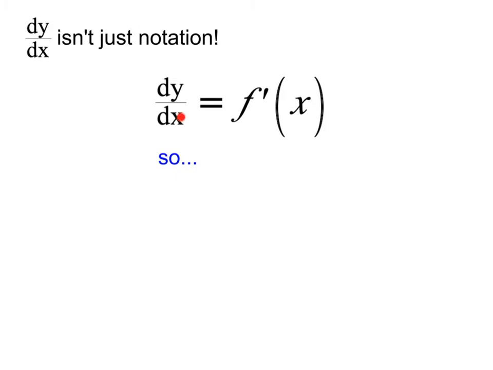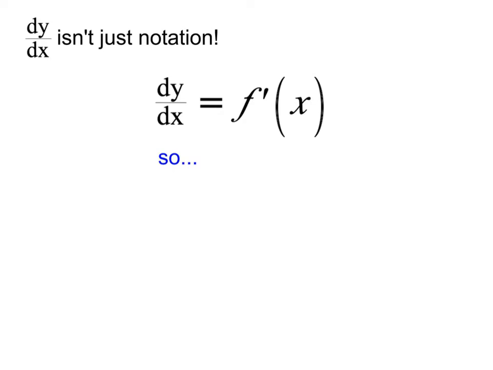It's just that dy over dx actually is not just notation. The fact that it's a fraction is actually because it literally is a fraction, not like notation where it's like f times x. Obviously, that's not the case. This is actually dy divided by dx. dy is a variable, and dx is a variable.